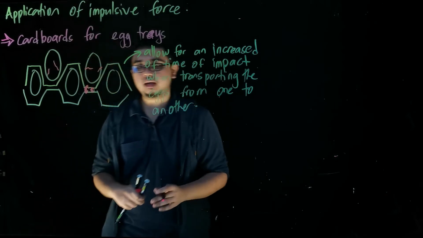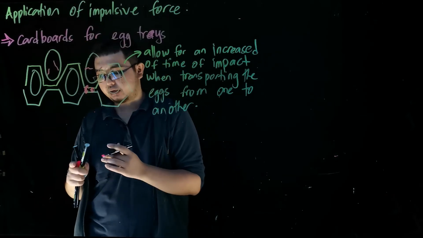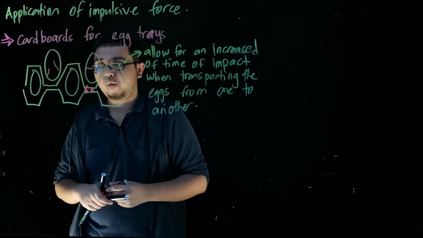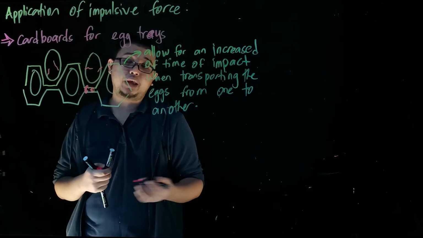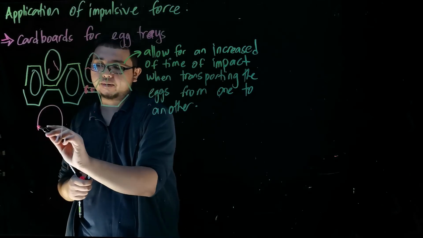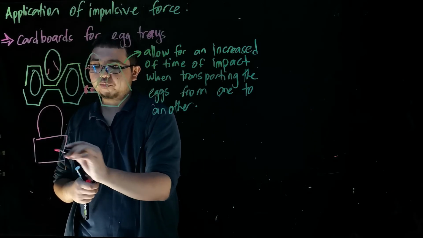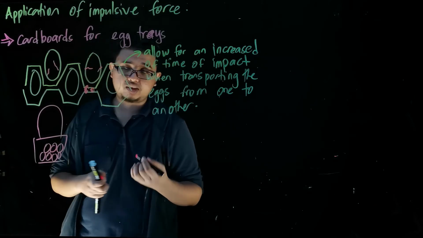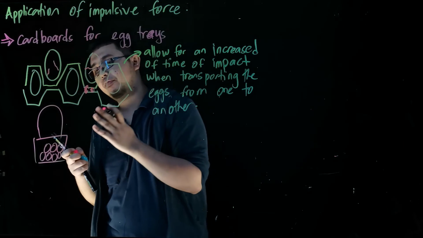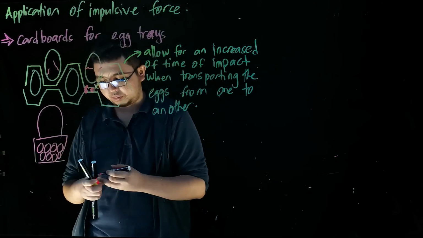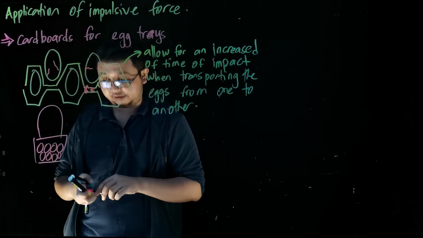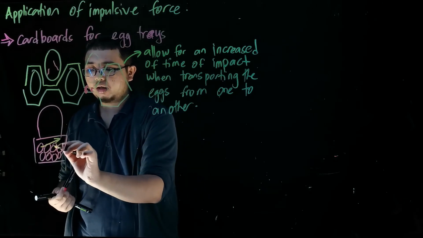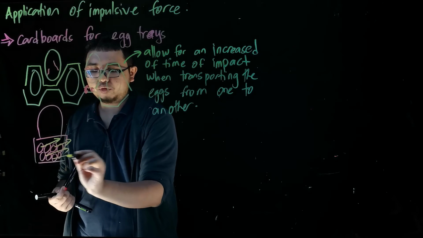Before the development of this design, people tended to carry eggs inside a basket. The issue with carrying eggs in a basket is similar to our inertia problem. All of these eggs have their own mass. They move around when you are moving.